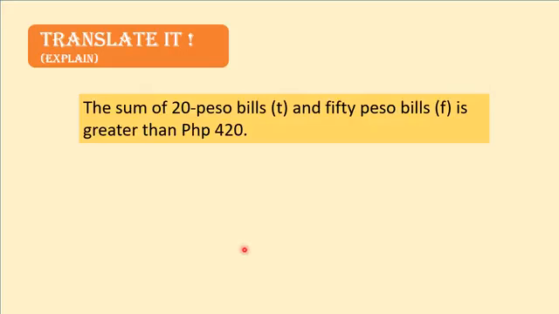The first thing we do is to identify the variables. We should identify two variables here. The first one is 20 peso bills as represented by letter T, and the second one is 50 peso bills as represented by letter F. Now the second step is to identify what operation to be used.